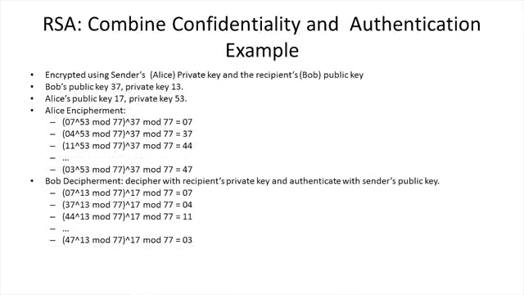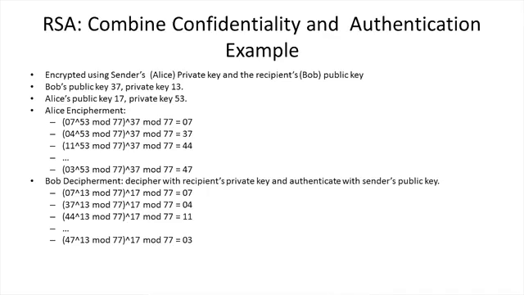Here we show the scenario where the message is both encrypted and authenticated. In this case, Alice encrypts using her own private key first, and the order matters here. Then the result is encrypted using the recipient's, Bob's, public key.